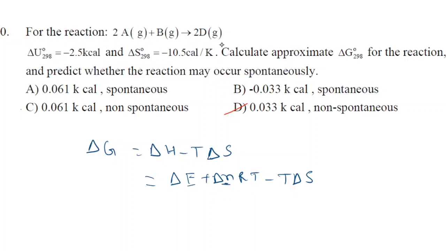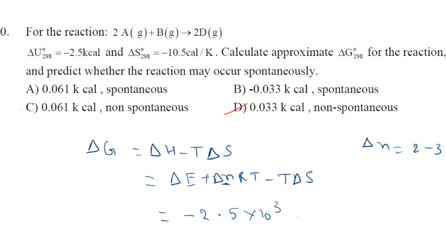For this equation, delta n is nothing but 2 minus 3, nothing but minus 1. So here delta E they have given as delta U, nothing but -2.5 into 10 cube, as it is in kilocalories, we converted.